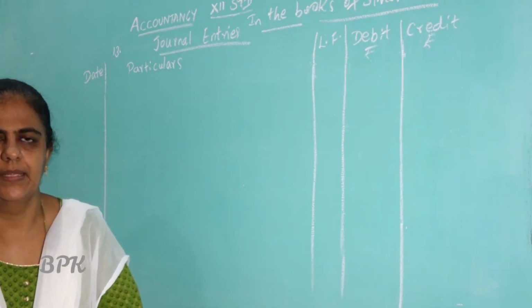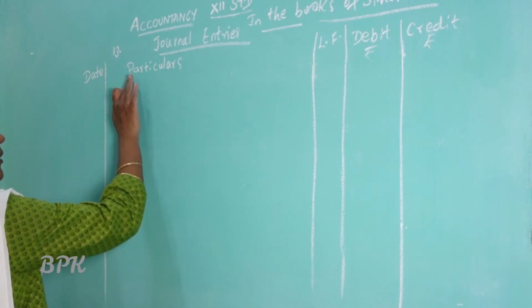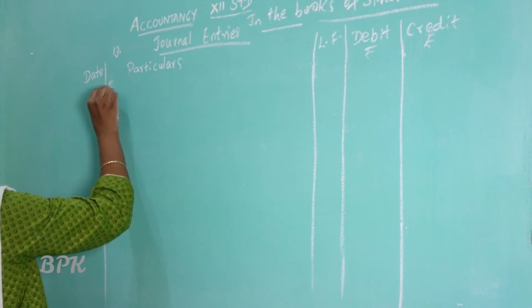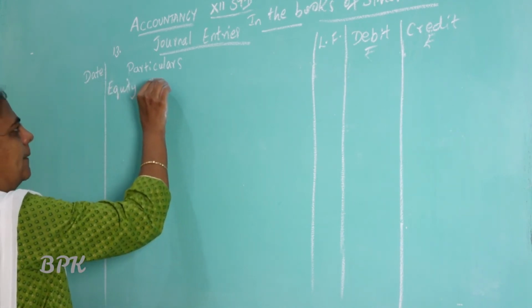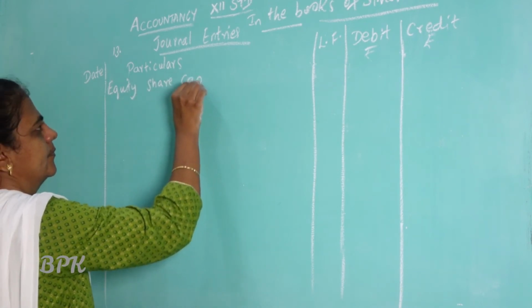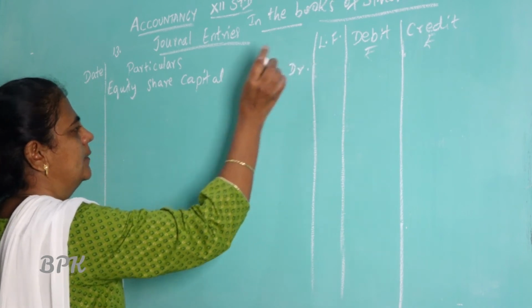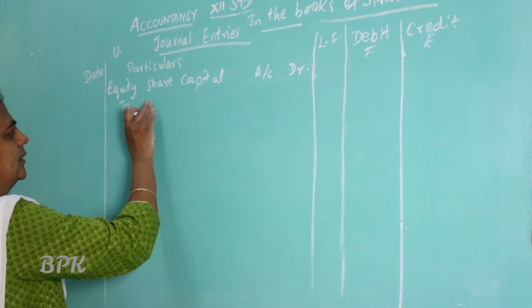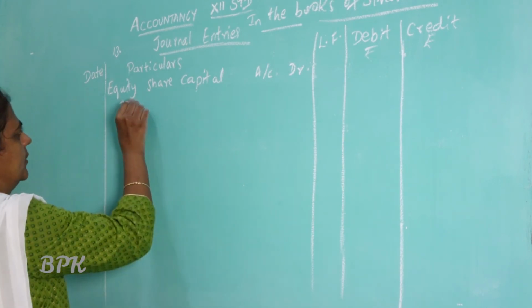Next, 2,000 shares forfeited. So forfeiture, what you have to do? Debit share capital, equity share capital account, to what he didn't pay? He didn't pay second and final call.